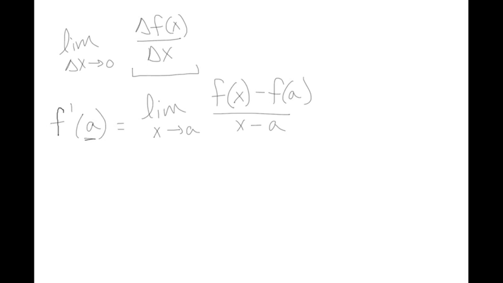Now, this particular formulation is defining the derivative for a particular point on the graph. Very often we're actually able to take a derivative that will give us a full functional expression for the derivative. So let me talk for a minute about what I mean by that.